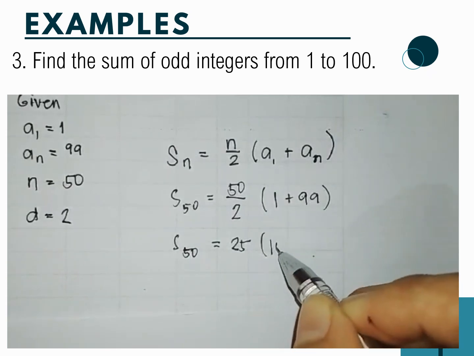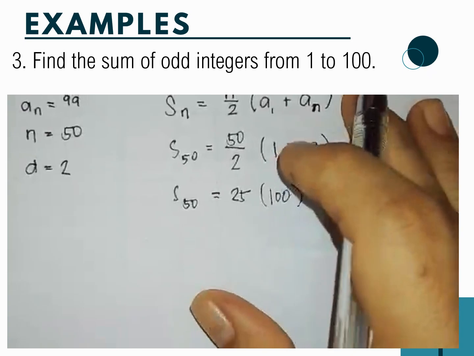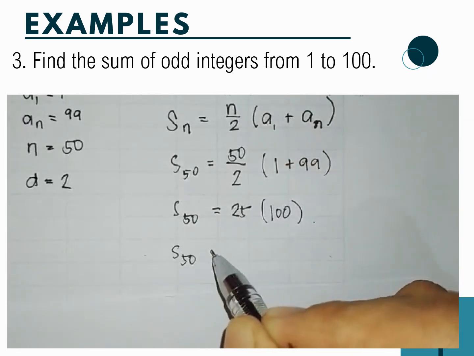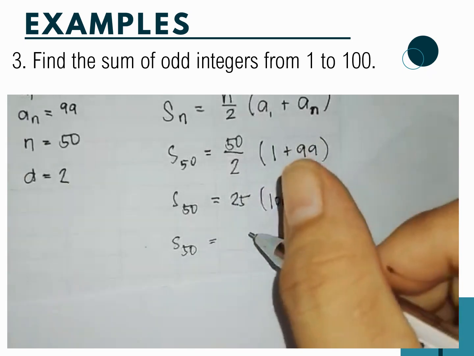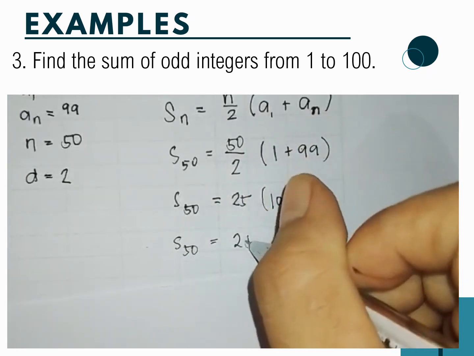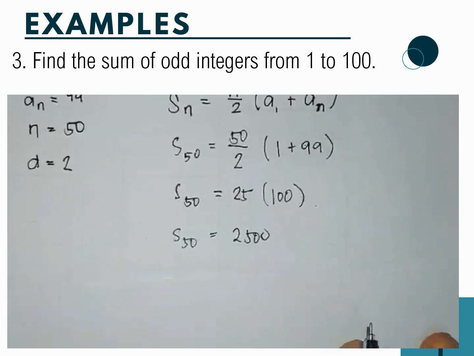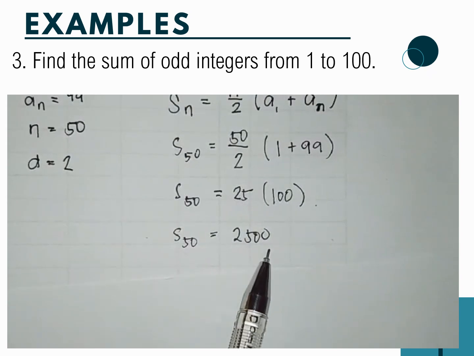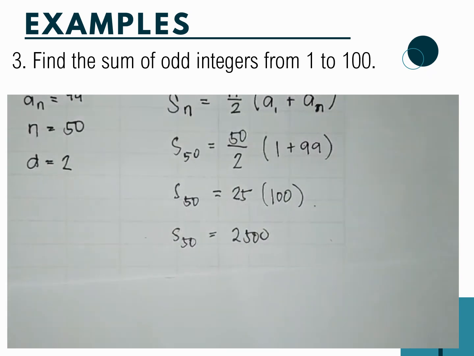This will give us 100. So we will have 2,500. The sum of the 50 terms will be 2,500.